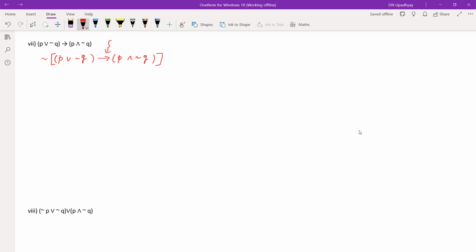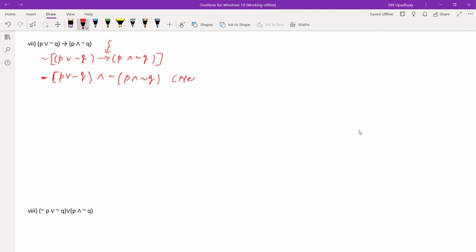So this is going to be a negation of implication. So what is the rule? For negation of implication, first write down the first term as it is, P or negation Q, and negation of second term. So negation of second term means P and negation Q.